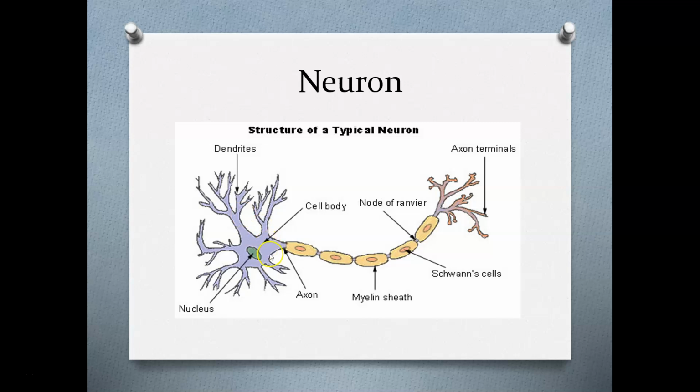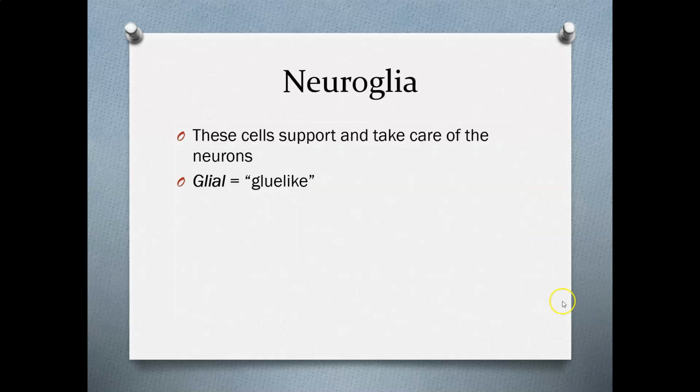Or in the case of the spinal cord, if it's a motor neuron, meaning it's going to cause a muscle to contract, the nucleus in the body can be in the spinal cord. And then this axon can travel all the way down to the foot from the lower back and so forth. Messages always travel in a neuron from the dendrites to the axon terminals, never the other way around. Always from the dendrites to the axon terminals.